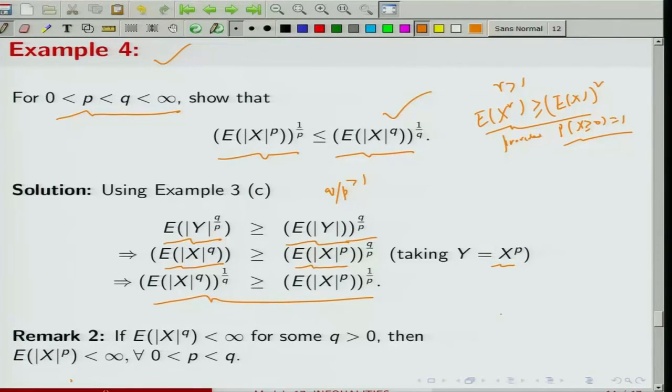Now one interesting observation from this inequality is that if expected value of mod of x to the power q is finite, then this quantity would also be finite, which is equivalent to saying that expected value of mod of x to the power p is finite. Because q was bigger than p, it suggests that if you have the absolute moment of higher order as a finite quantity, then the absolute moment of lower order would also be a finite quantity.